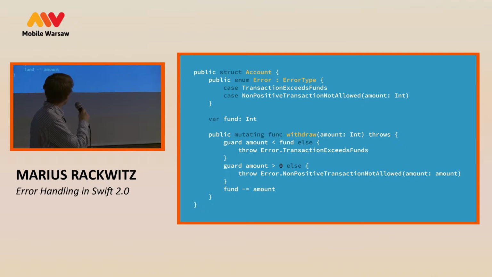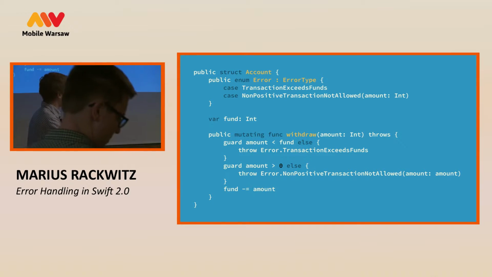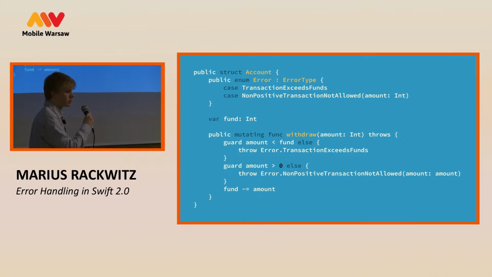This error enum has two different cases. One case when a transaction exceeds the funds, and one other case when a transaction is attempted with a negative amount or a zero amount, and there's the error defined, which can be thrown in that case.